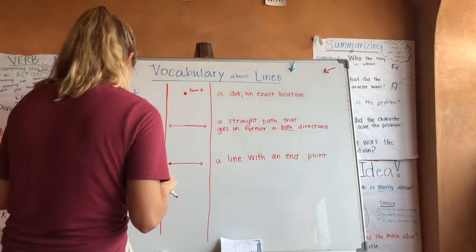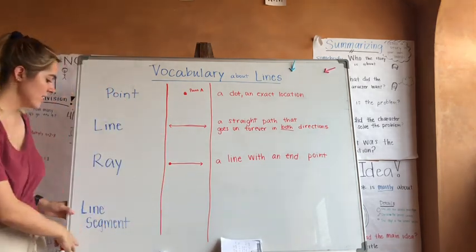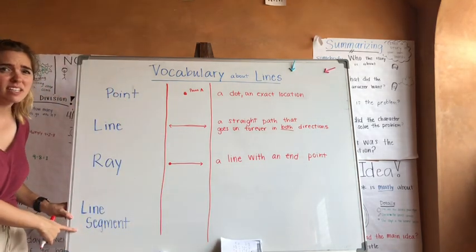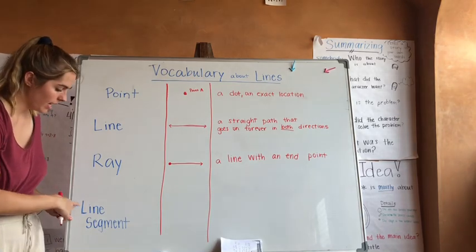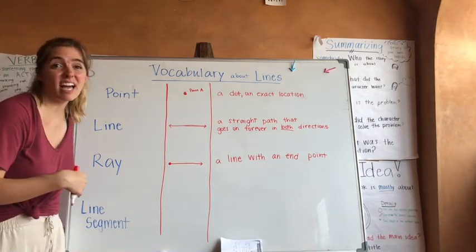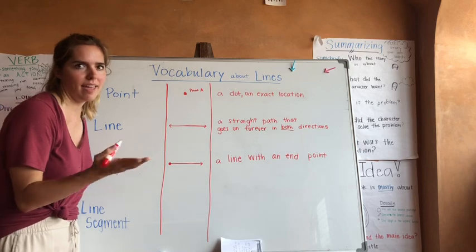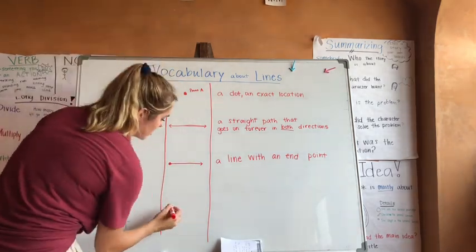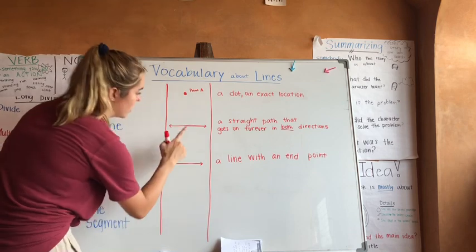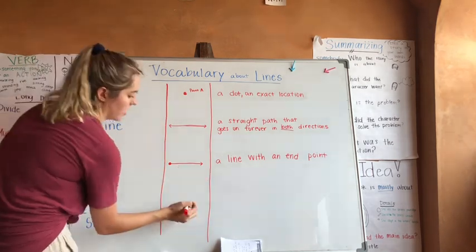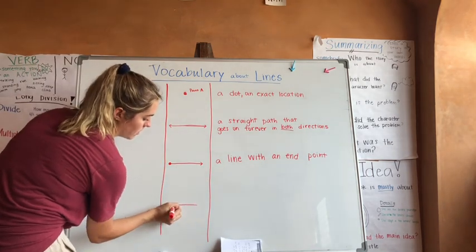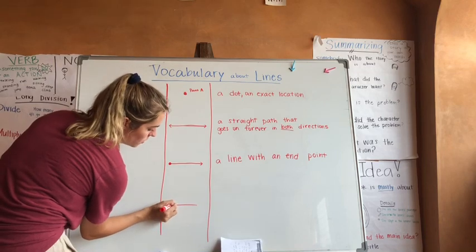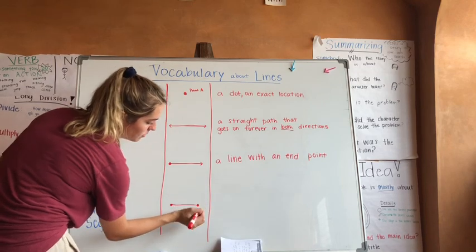And then the last thing is called a line segment. This just means a part of a line, parte de linea. I think that's how you say it. And a line segment looks like this. So a line goes on forever, but part of a line looks like this with two end points.